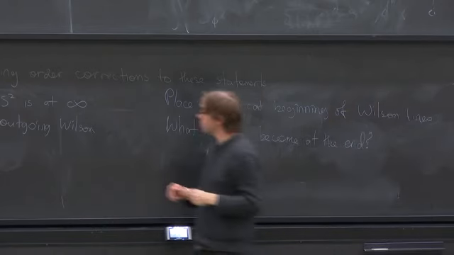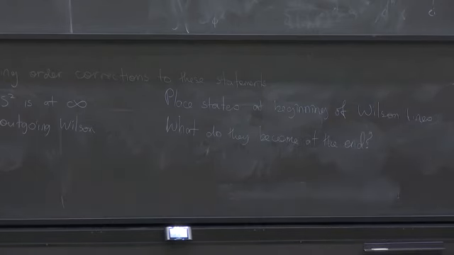Okay, so what I want you to imagine is that this is some version of a kind of standard quantum field theory scattering process. I have initial states, they evolve, and then I have final states.